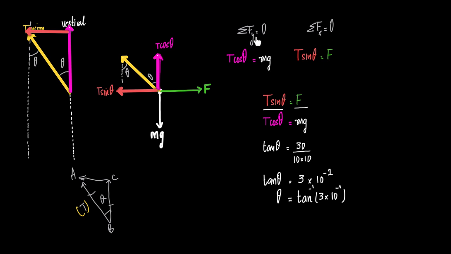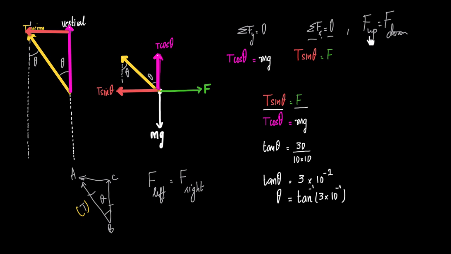If sigma Fy is equal to 0, it means that forces in the upward direction are equal to forces in the downward direction. Sigma Fx equal to 0 implies that forces in the left direction are equal to forces in the right direction.